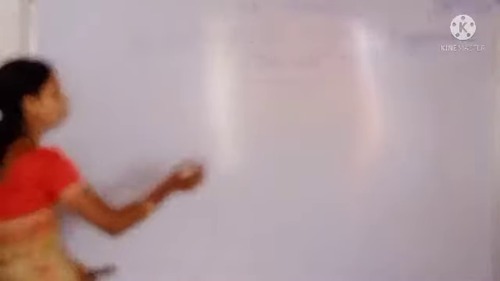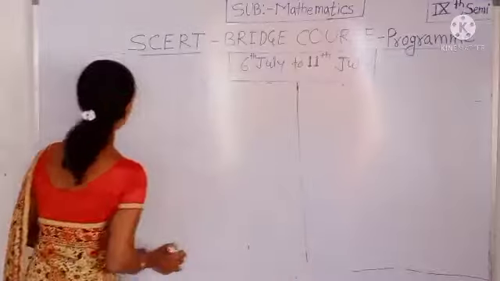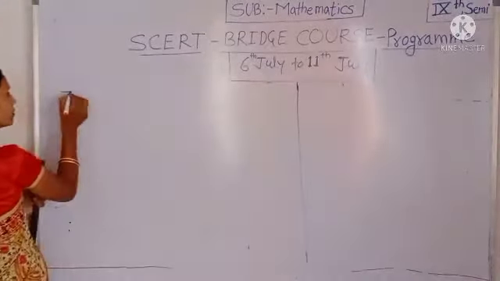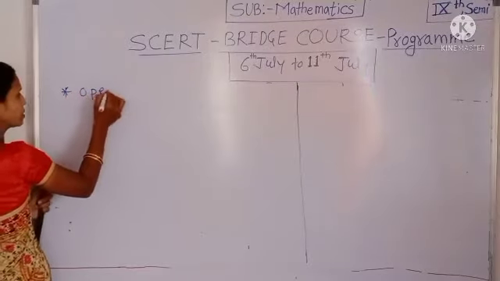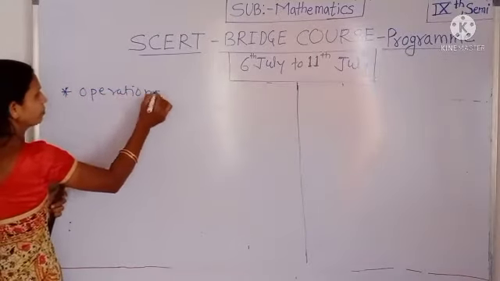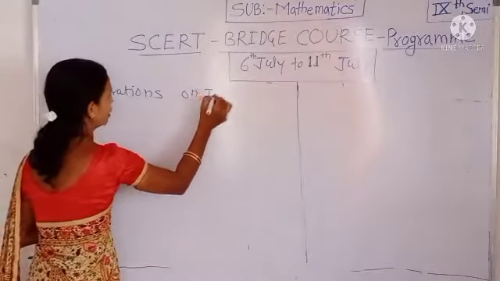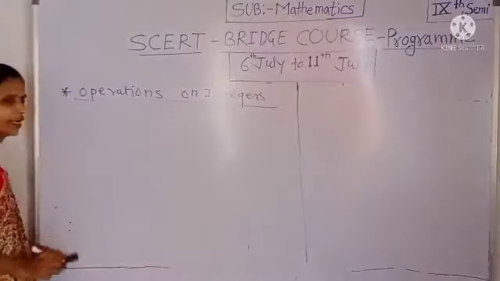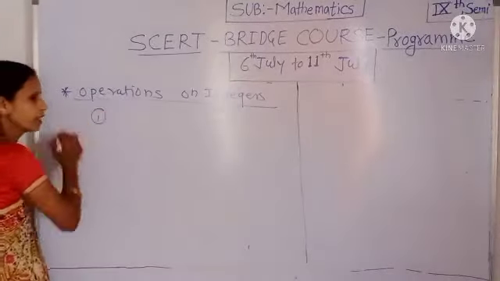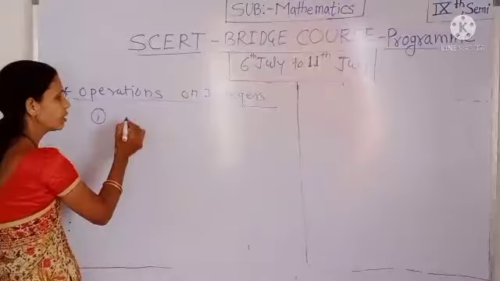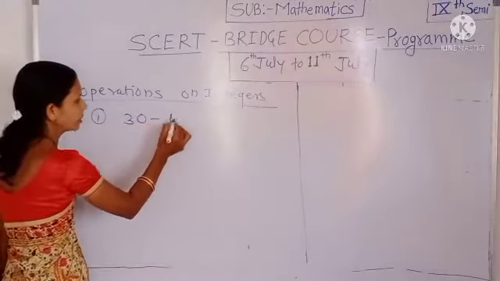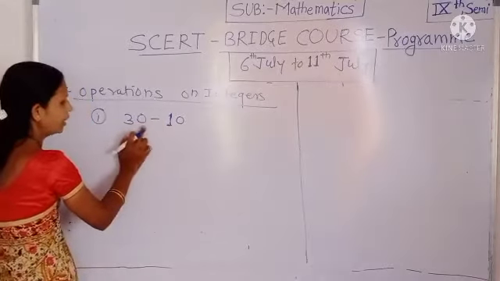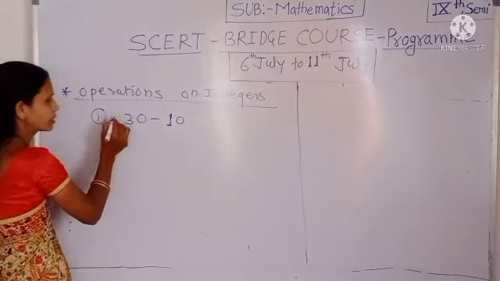Then we can remind a few operations related to integers. Operations on integers. Then see here, first one, 30 minus 10. See here the sign of 10 is minus and the sign of 30 is plus.